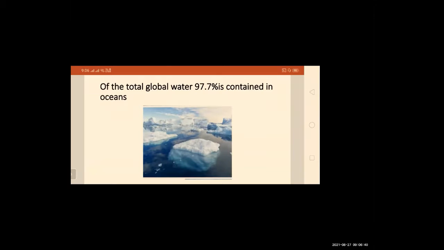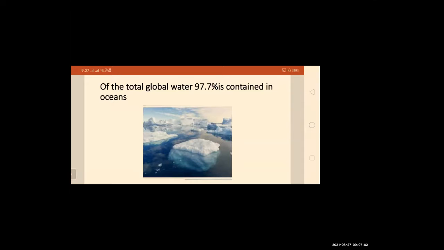Now, we know that the maximum proportion is of water rather than land, but all the water which is available on the earth, that is global water, we can say. Global water means the total water which is available on the earth.